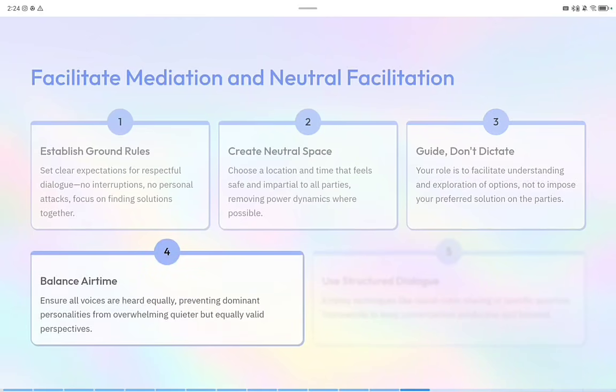Step number 4 is balance airtime. Ensure all voices are heard equally, preventing dominant personalities from overwhelming quieter but equally valid perspectives. Make sure that everybody in the meeting has time to speak.